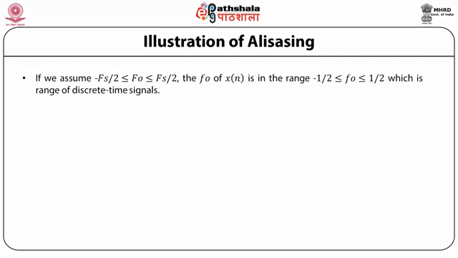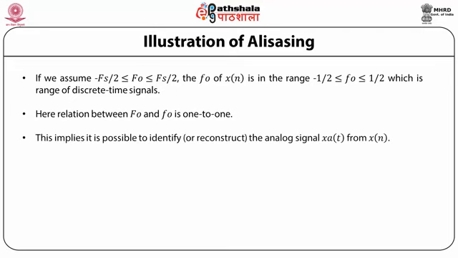If we assume capital F naught varies from minus Fs by 2 to plus Fs by 2, the small f naught of x(n) is in the range of minus half to plus half, which is the range of discrete time signals. So here, the relation between capital F naught and small f naught is one to one. This implies that it is possible to identify or reconstruct the analog signal x_a(t) from x(n).